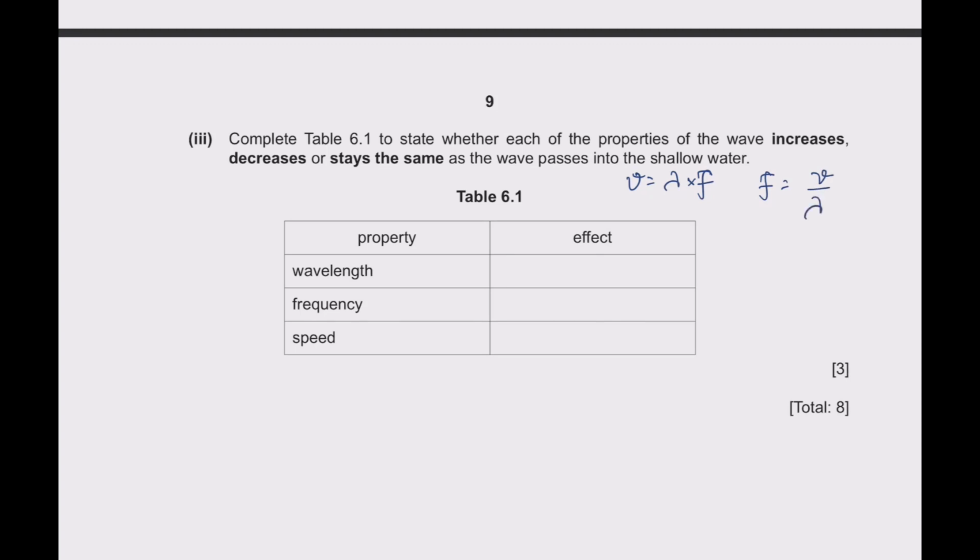We know that the frequency of a wave does not change when it changes its medium, so this stays the same. Always remember, frequency remains constant, whether we are talking about light or the water wave.